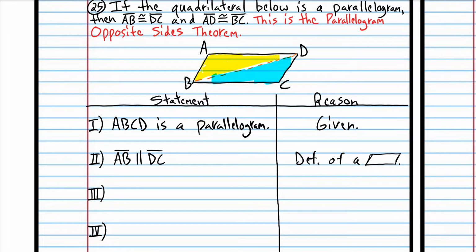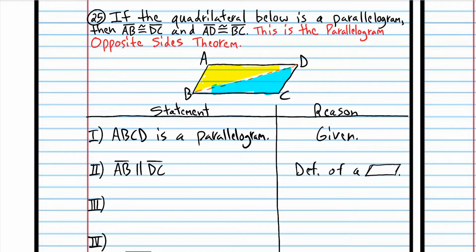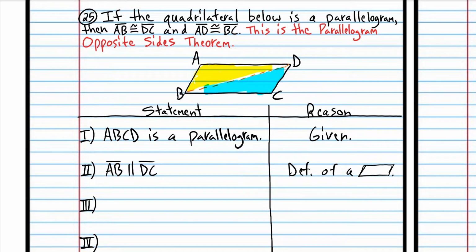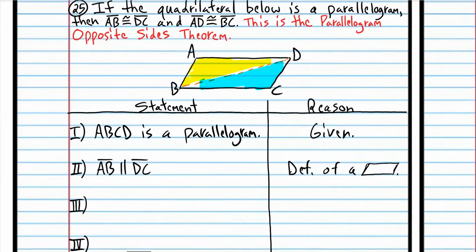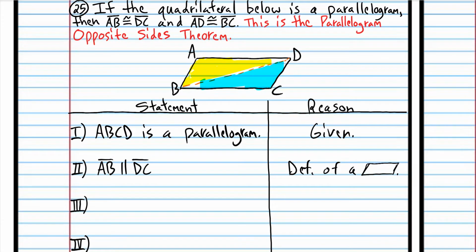Now, we're also going to use the fact that AD is parallel to BC. We need that also to prove this statement up here. So we could combine that into one step, and I'd welcome you to do that, because that means you only have to write this reason once rather than twice. But to make things a little easier to understand, I'm going to use more steps here.